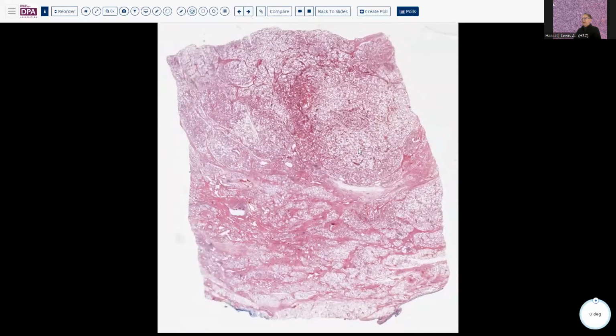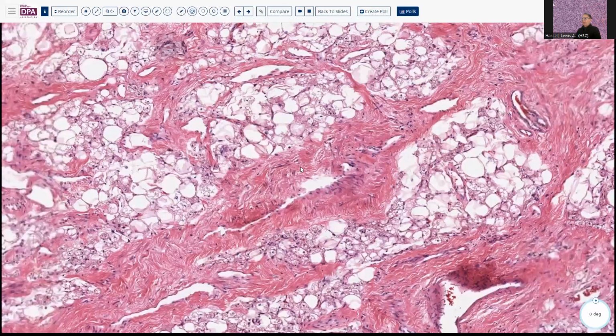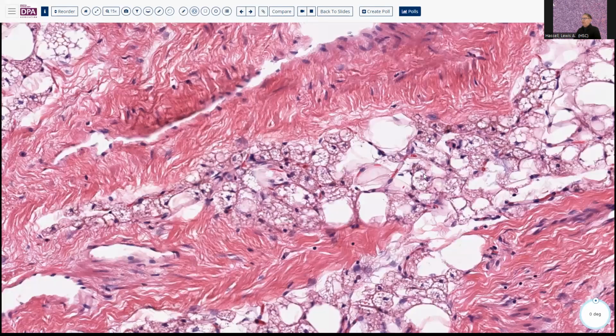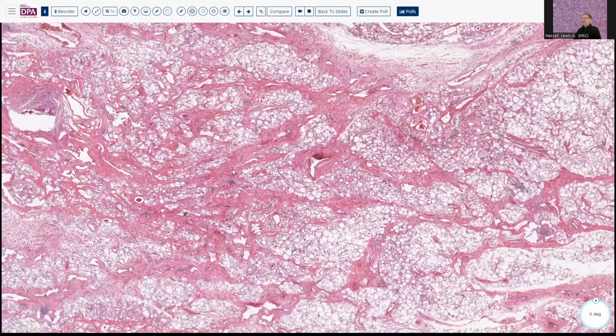We may have another example. Again, a little bit more pinkish tissue here. Here we see a little bit of intervening fibrous tissue, but you can make out the characteristic multilocular foamy cytoplasm in this situation that is typical of brown fat.